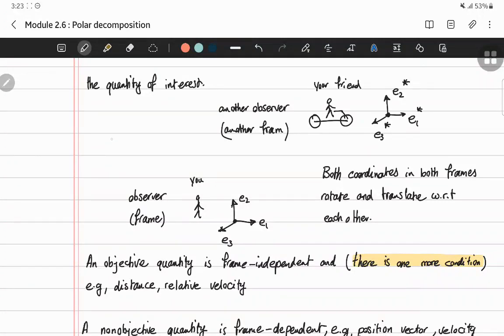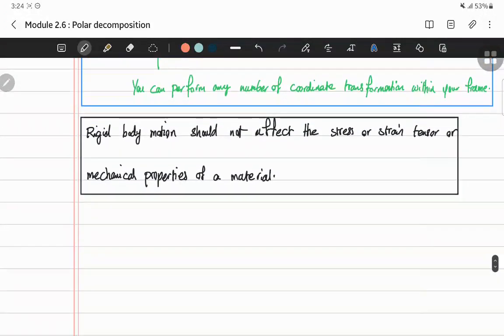Also, if you have a Young's modulus of 200 gigapascal for that bar, then from your friend's frame it is 200 gigapascal, and it is also the same from your frame. You don't see it as 200 gigapascal and your friend as 210 gigapascal. Remember this. So it does not change the mechanical properties of a material.